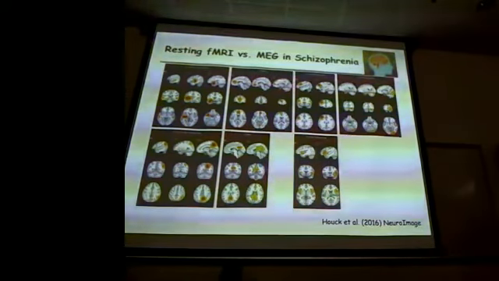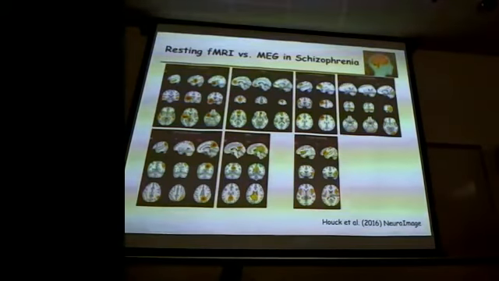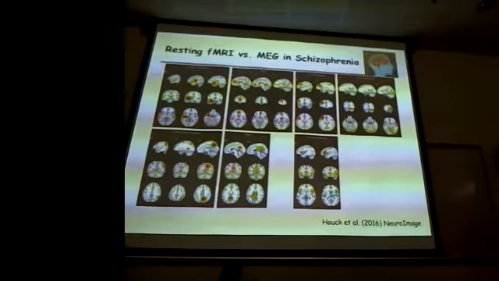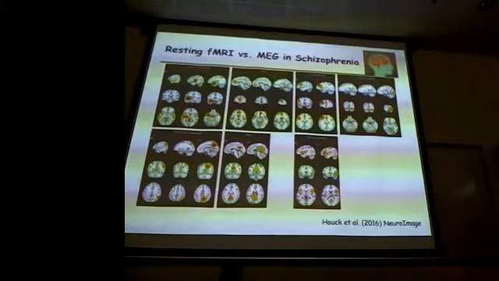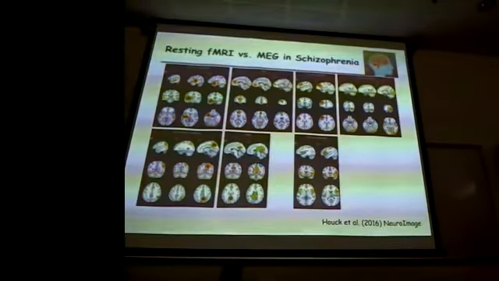There are always advantages to not having high temporal resolution as well. I've sold you primarily on the advantage of high temporal resolution, but there are advantages both ways.